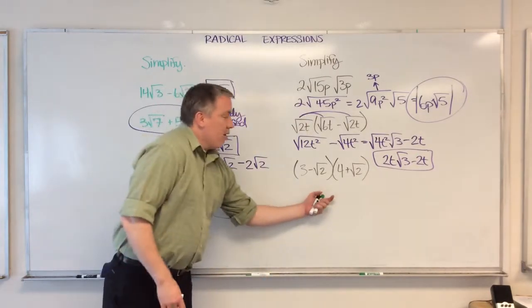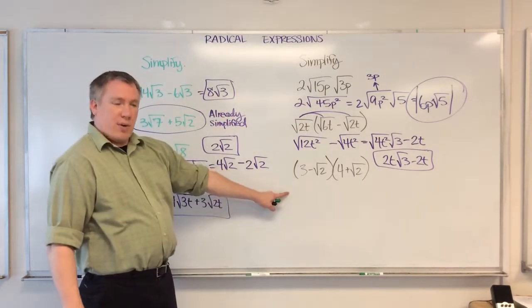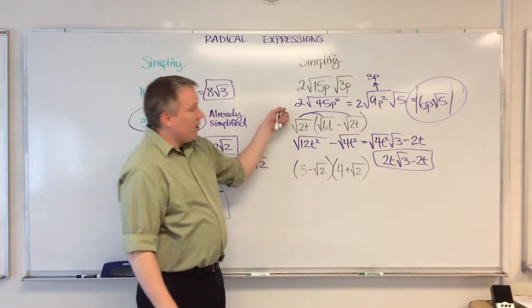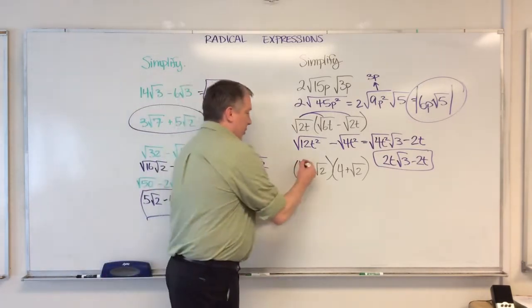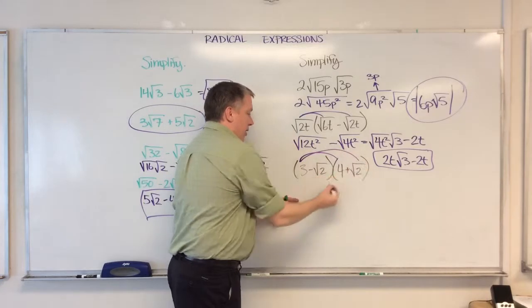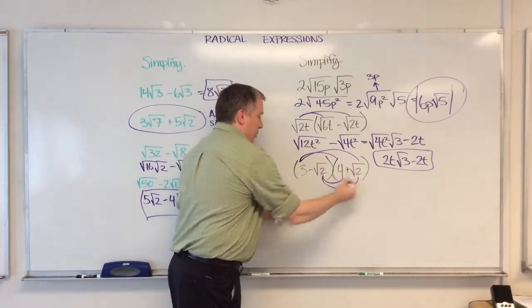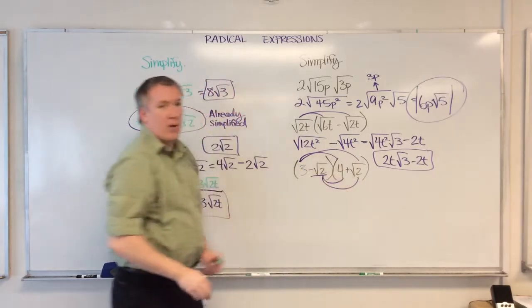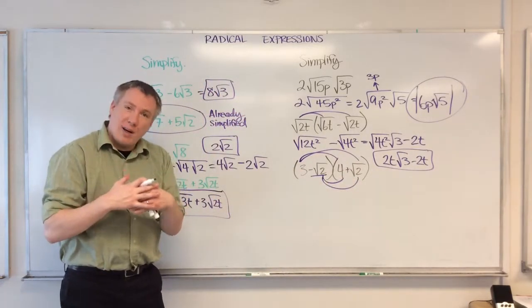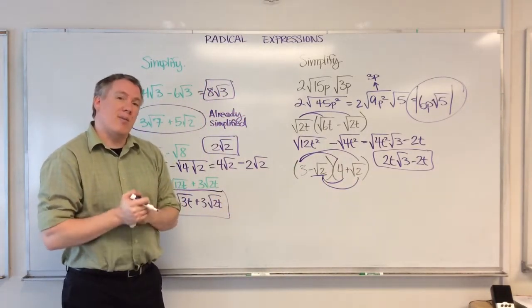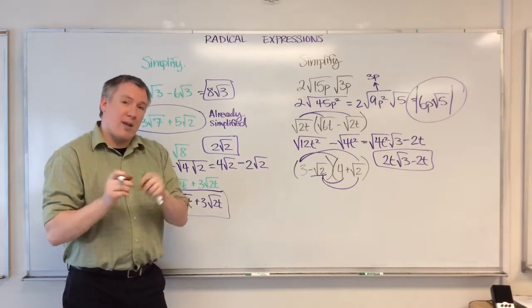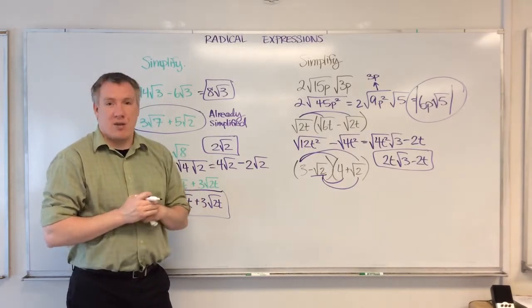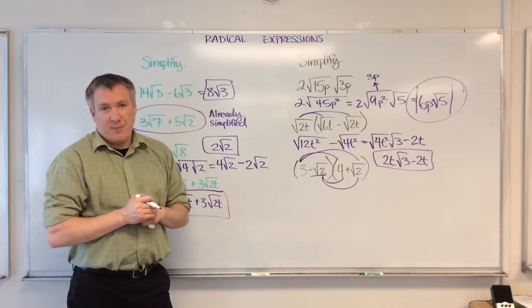I will let you, for the sake of time, do this one. Just like here you would have distributed, here you would distribute again, but you would do it twice. You would distribute the 3, and you would distribute the negative 2 twice. Multiply outsides by outsides, insides by insides, and simplify. Pause it now, do it yourself, and see if you get the answer I'm just about to write up.